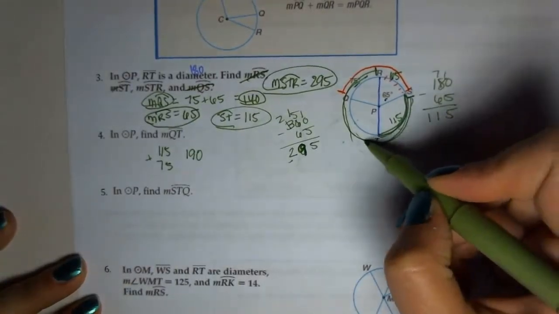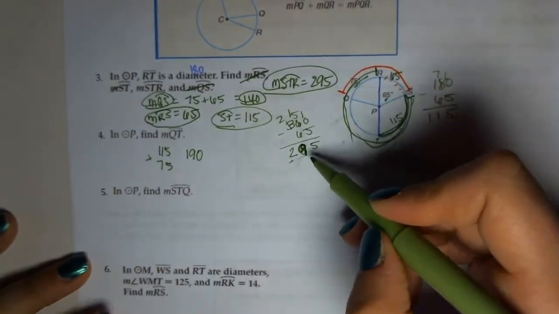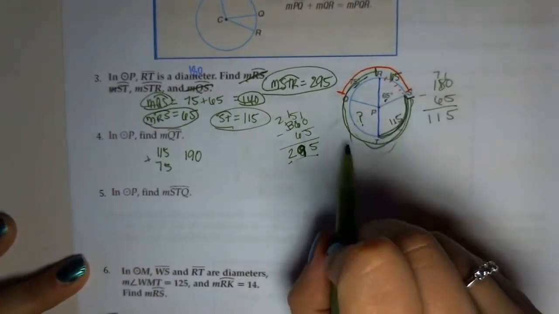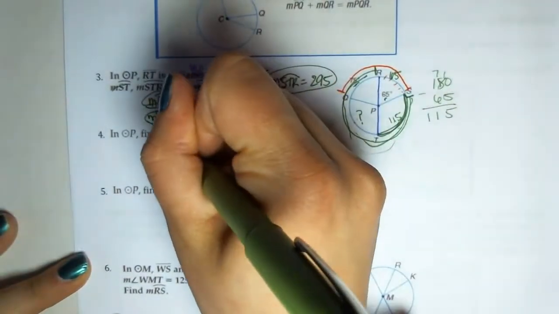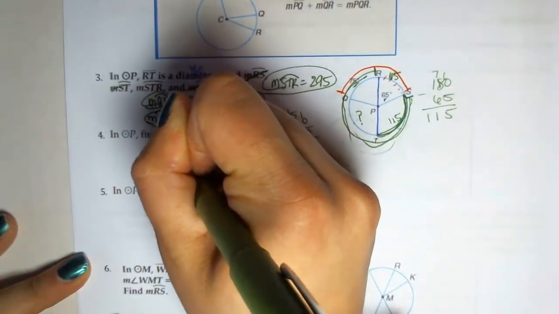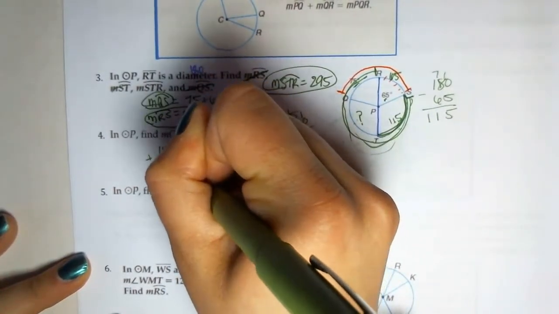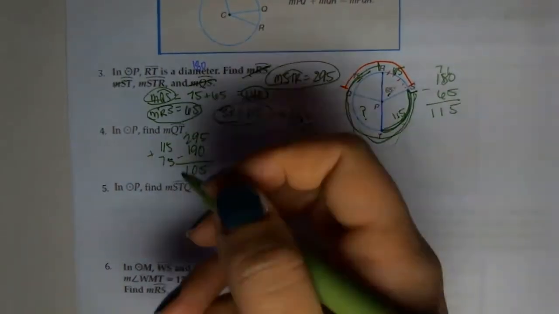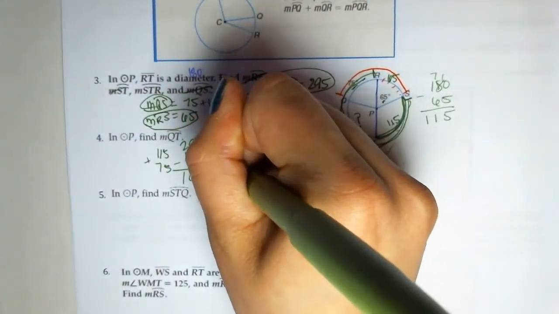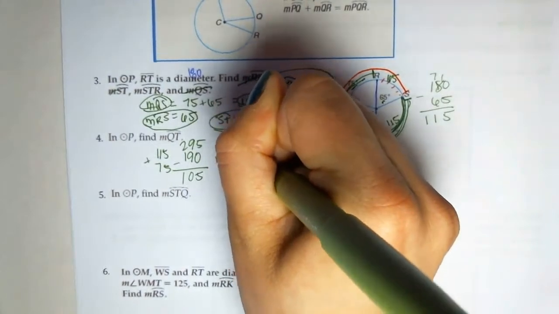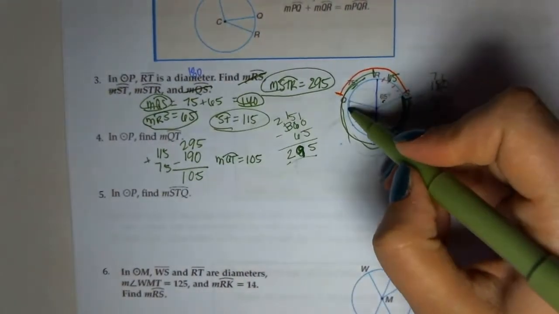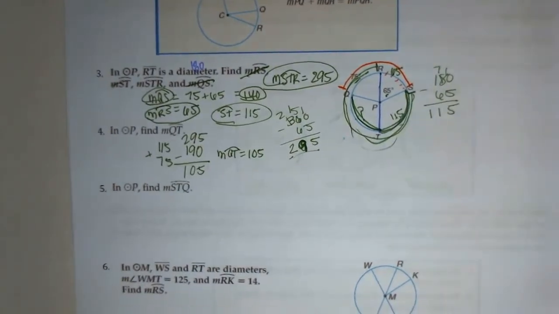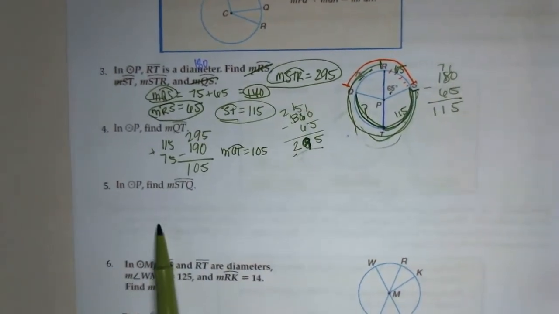If this whole thing is 295, I'll subtract 190 from 295 to find this arc that we're missing. So it's 105. So measurement of QT, 105, which is this one right here. Perfect.